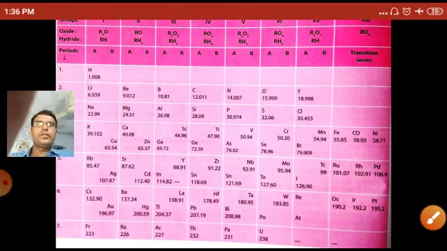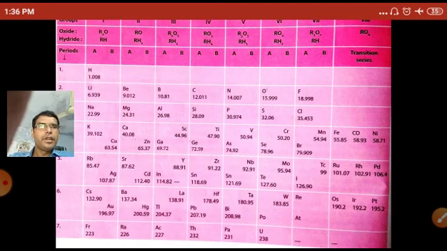So all these defects are present in the Mendeleev periodic table and were realized by the scientists, so they discarded the Mendeleev periodic table and discovered a new periodic table, called the modern periodic table.